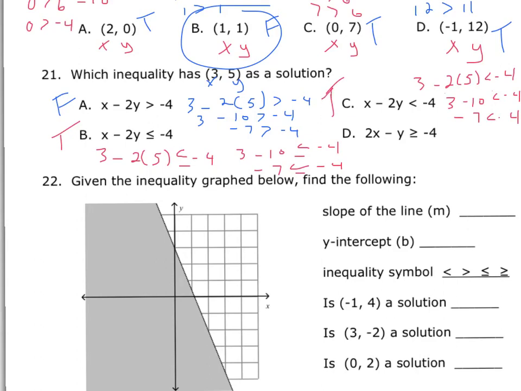And for letter D, it's 2 times 3 minus 5 is greater than or equal to -4. So 6 minus 5 greater than or equal to -4. And 6 minus 5 is 1. And 1 is greater than or equal to -4. That is also true.